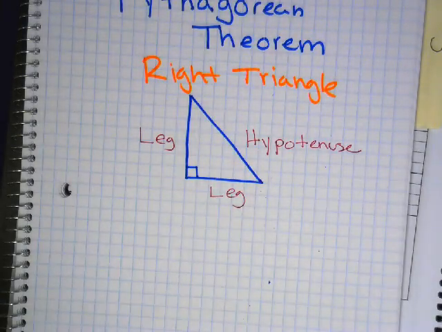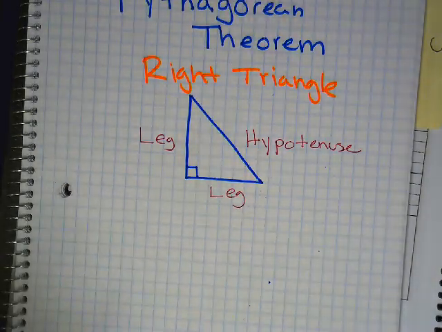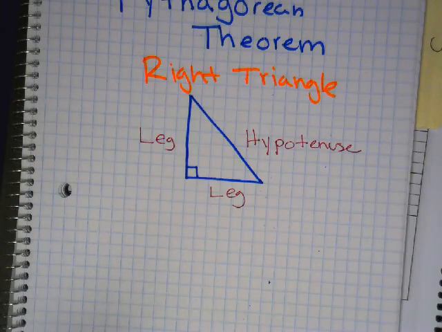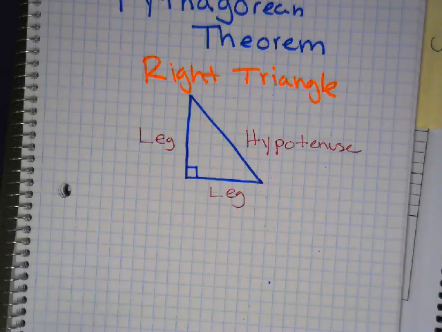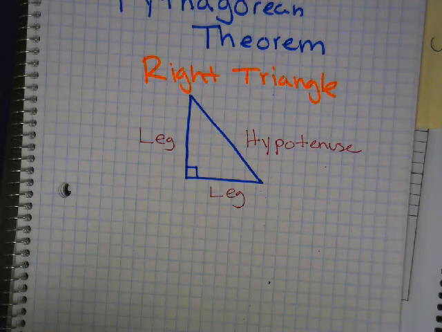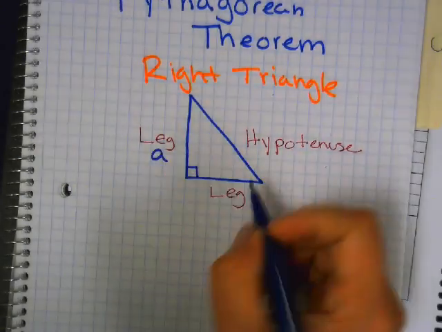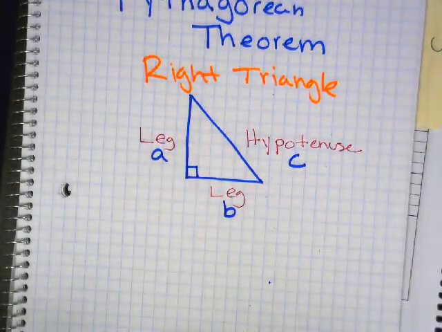But then maybe someone said, yo, Pythagoras, no one's going to memorize hypotenuse, leg, and leg. Name it something else. So he's like, fine, I will compromise. I will label this A, B, C. Are you happy now?